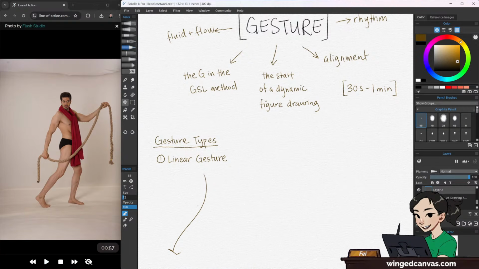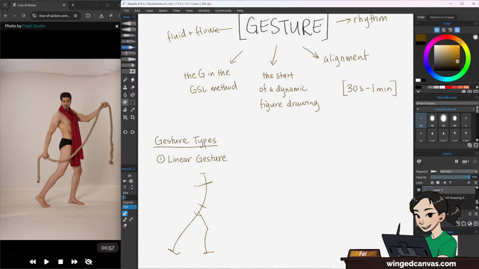The second thing I might do is figure out where his waist is. So there's where his underwear is, and then I'm going to draw in the other leg to anchor it. And then I might say, there's the top of his head. And then where is his shoulder line? What is his shoulder line doing? What is the hip line doing? And then I'll draw lines to break up that initial gesture.